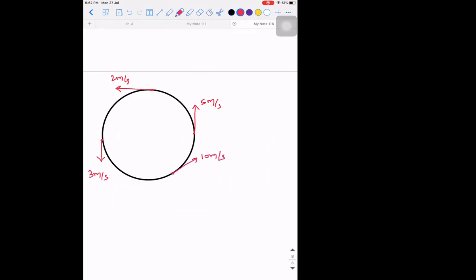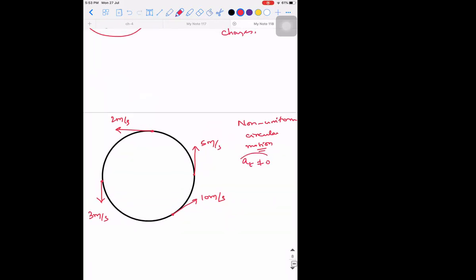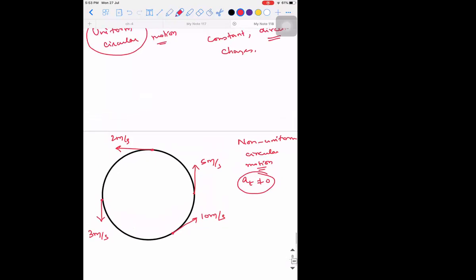What is this? This is non-uniform circular motion, because the speed is changing and the direction is changing, which means tangential acceleration is not equal to 0. That is what I'm trying to say. Are you able to understand this point?